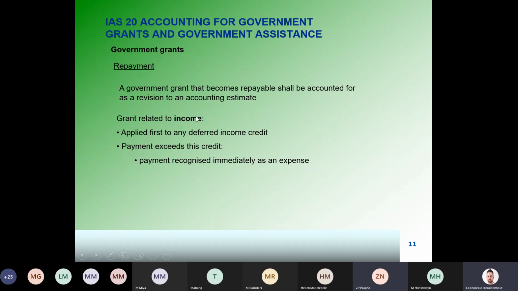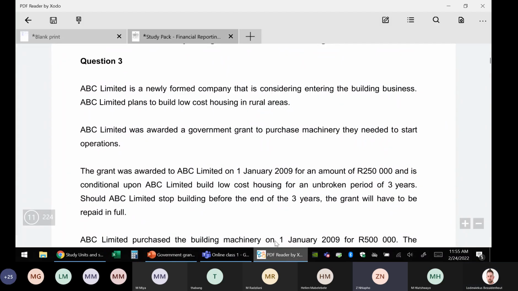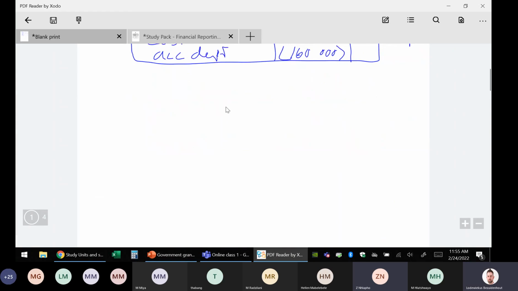We have to first see what is the deferred income credit amount, and the repayment amount is first offset against that. And if the payment exceeds that credit, then the rest is shown as an expense. So I just want to show you quickly how that looks, so that we can understand it properly.